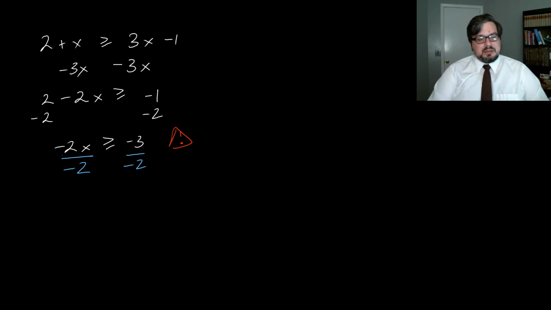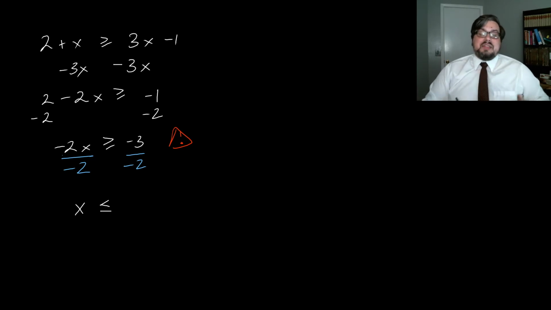So, in this case, we've divided both sides by negative 2 because we want to get x by itself. But that means that we have to change the direction of the inequality. We divided by a negative number, which means that the inequality changes its direction. Instead of being greater than or equal to, it's going to become less than or equal to.